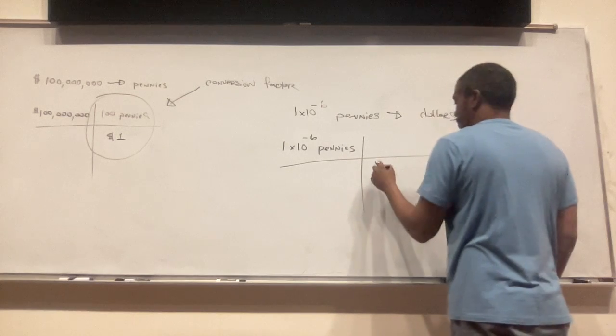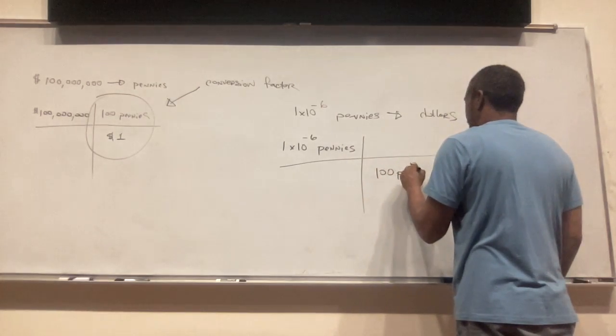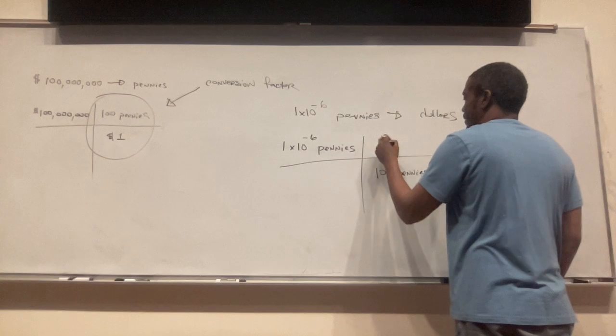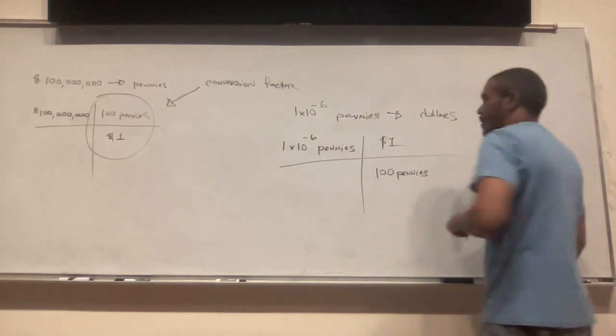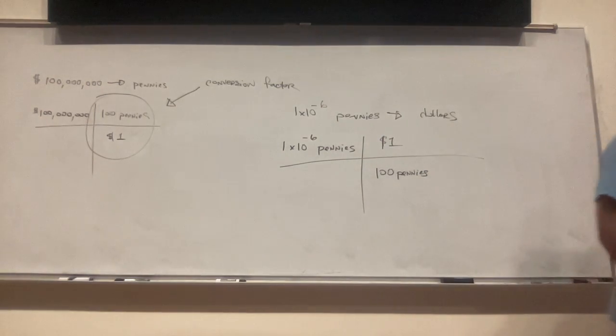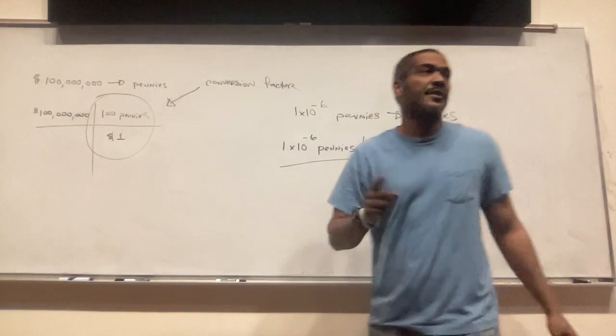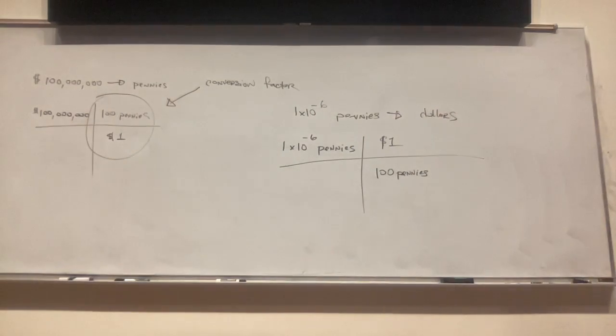So I'm gonna put 100 pennies on the bottom, and the dollar on the top, because the conversion factor represents 1. 100 pennies divided by $1 is 1. Y'all following me when I say that? So when we make other conversion factors, understand that the conversion factor must equal 1.